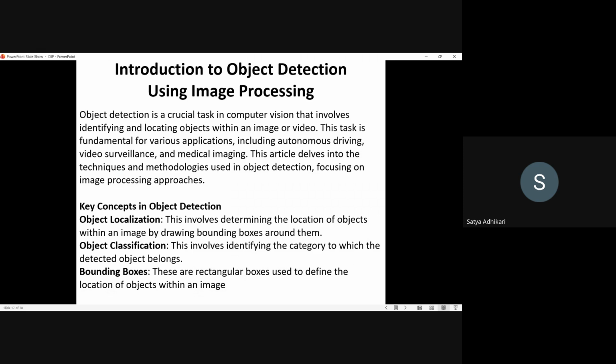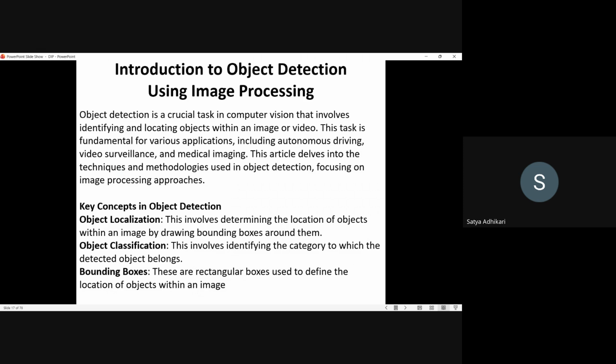Then, introduction to object detection using image processing. So how does the machine detect the object? What type of objects are there? Object detection is a crucial task in computer vision that involves identifying and locating objects within an image or video.